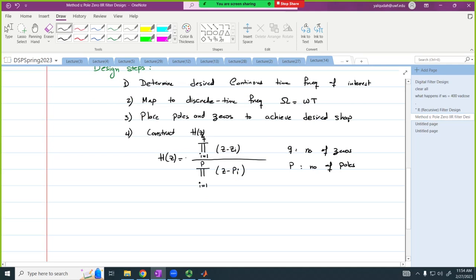Okay, finally, we select the multiplicative factor K. And the K is chosen to achieve a certain gain. And then we can test our filter.